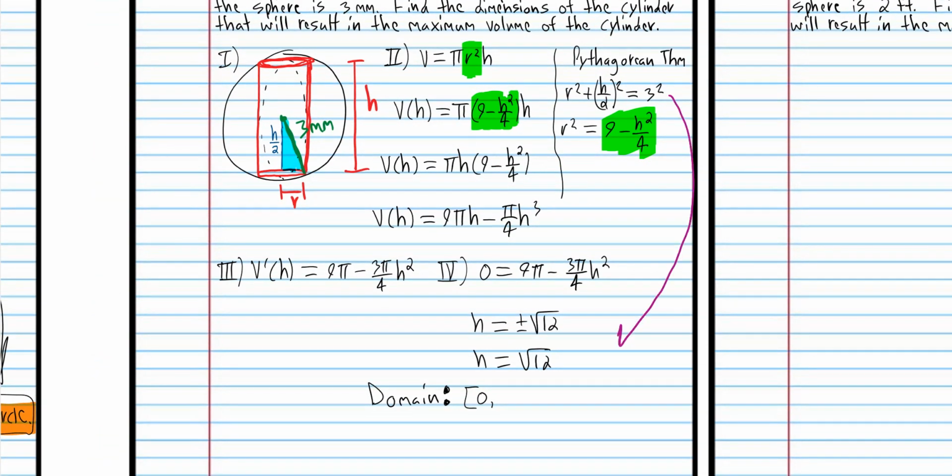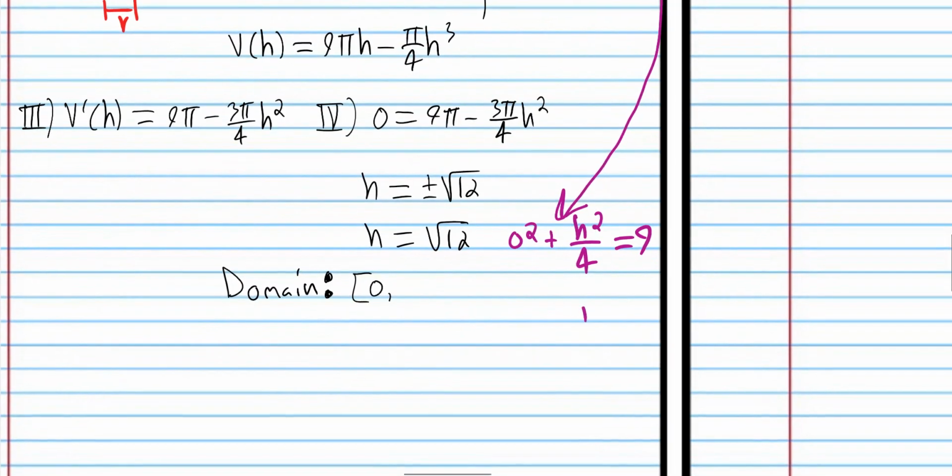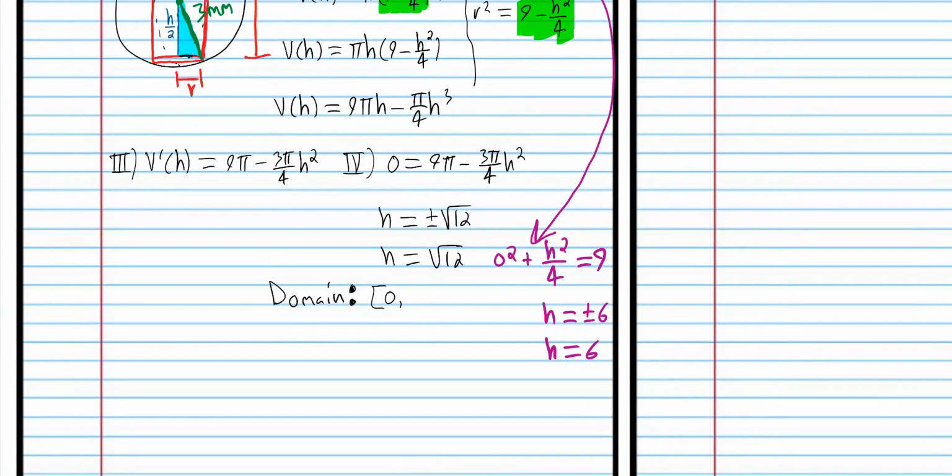So let's write this down here. We have 0 squared plus h squared over 4 is equal to 9. And then h would be equal to 6. Actually, plus or minus 6, but again, we don't care about the minus 6.